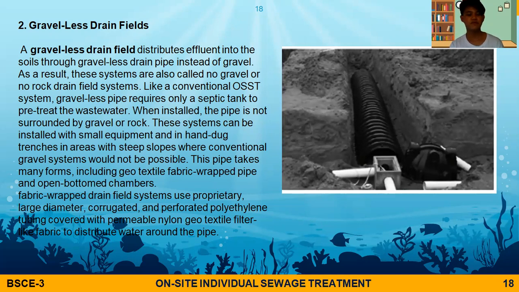These pipes take many forms, including textile fabric wrap pipe and open-bottom chambers. Fabric-wrapped drain fields use proprietary large corrugated and perforated polyethylene tubing covered with permeable nylon geotextile filter fabric that distributes water around the pipe.